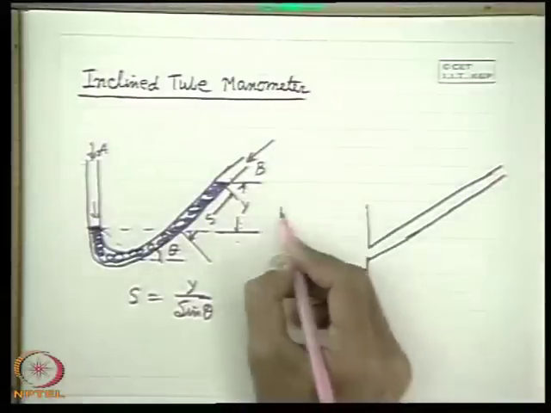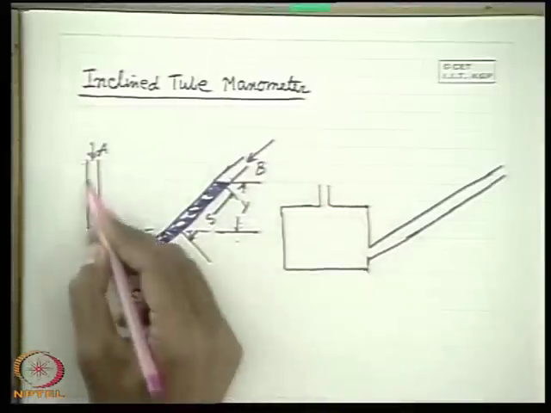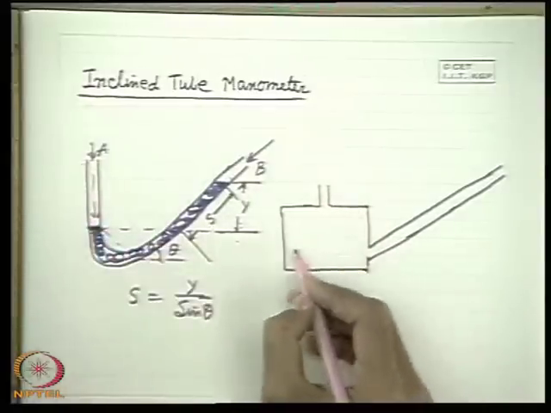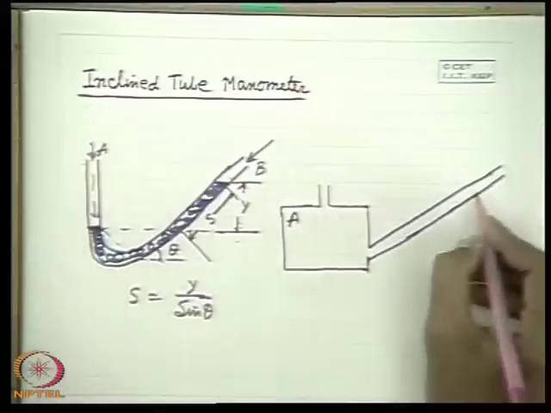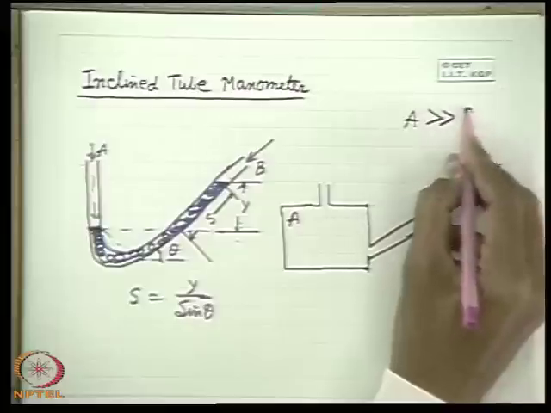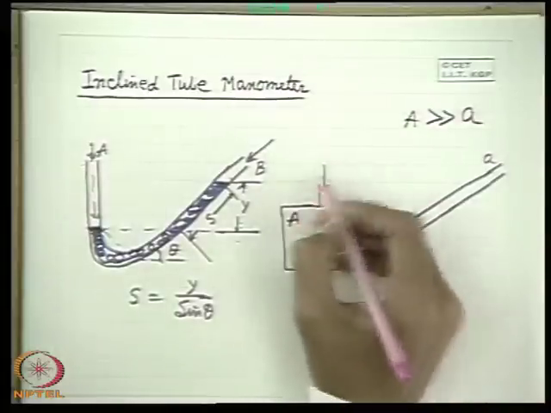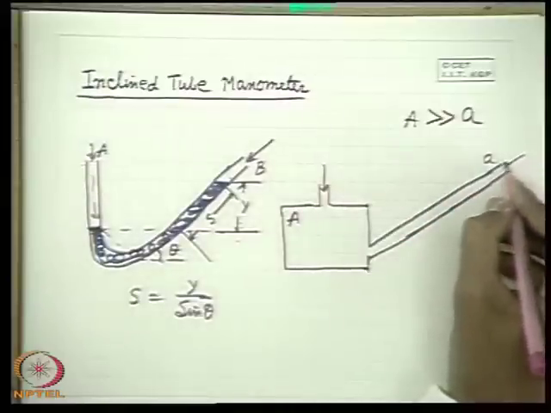Let us consider an inclined tube manometer where this limb is made with a larger cross section, let A, and this part has cross section a, where A is very much greater than a.